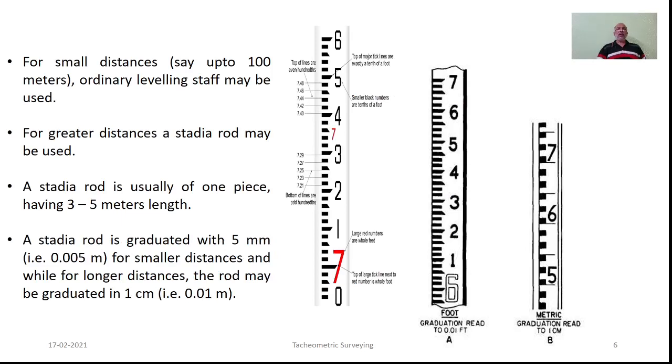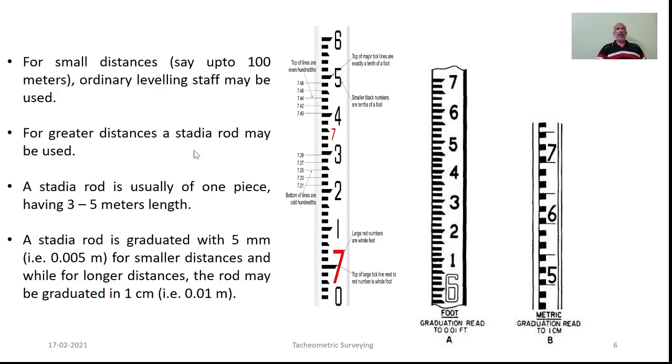Say for small distances up to 100 meters, we can make use of our ordinary leveling staff that is commonly employed for leveling operations. If the distances involved are greater, then one can employ the stadia rods.